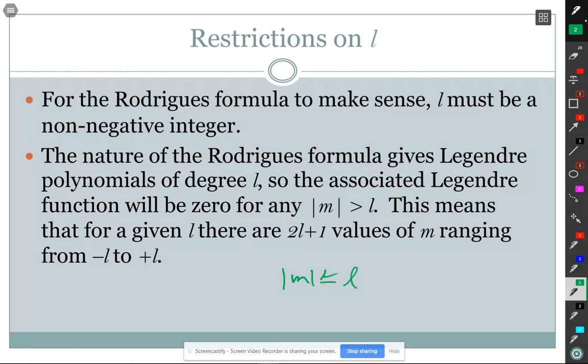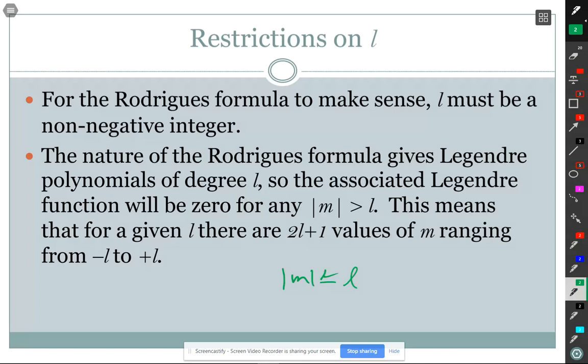If L is 1, the absolute value of M has to be less than or equal to L. So it could be 0, 1, or minus 1. So you have 3 values for M if L is equal to 1, and 1 value of M for L equals 0. So that's a total of 4. Double that, and you have 8 elements in the second period of the periodic table. That is why they're there.